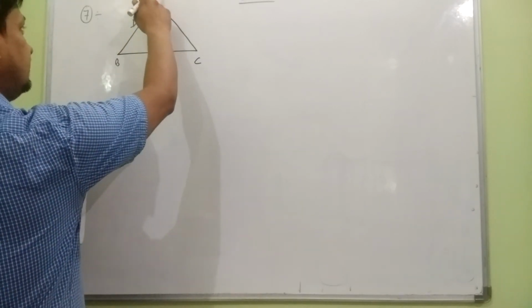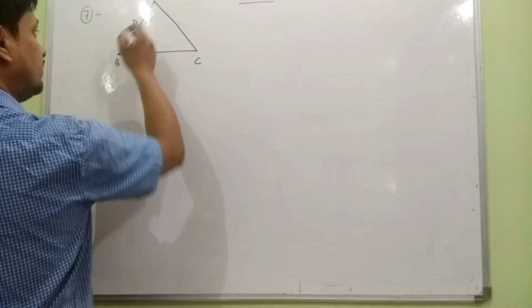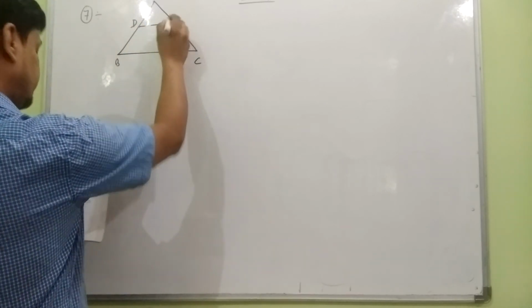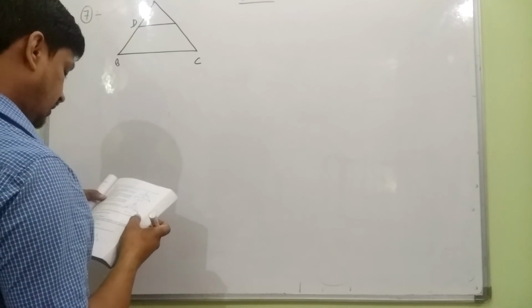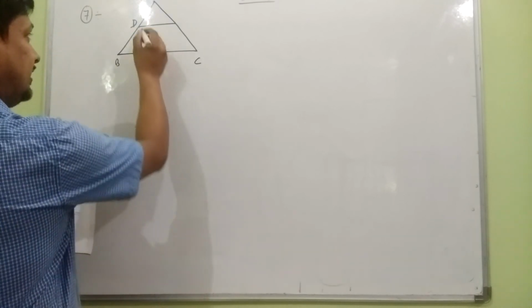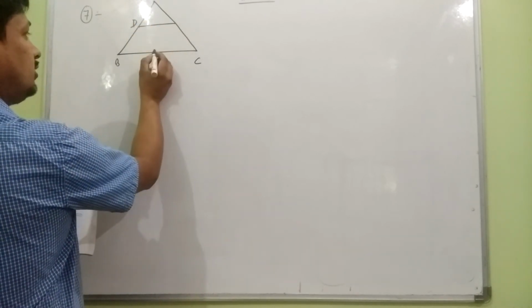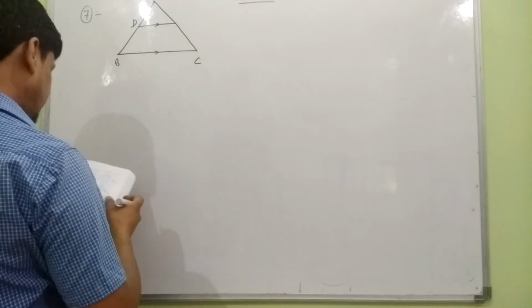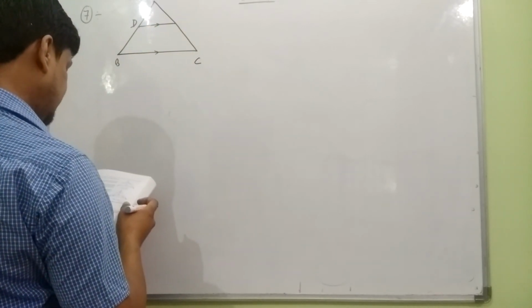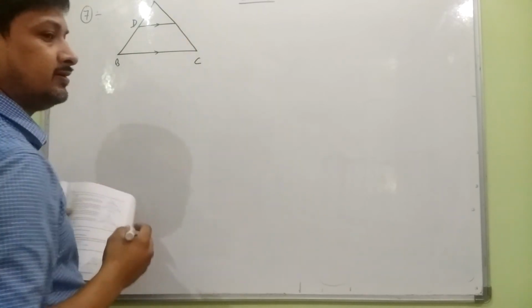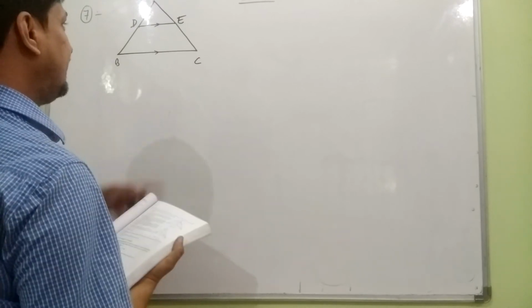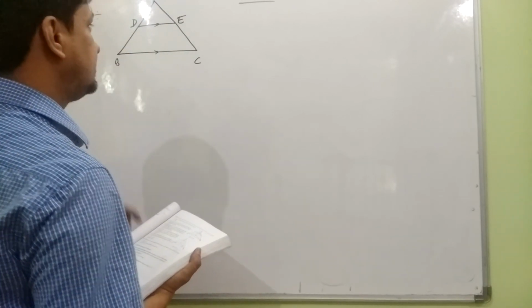Let us consider AB is the side and its midpoint is D, through which we are drawing a line parallel to another side BC to intersect the third side at its midpoint. What we want to prove is that E will be the midpoint of AC.